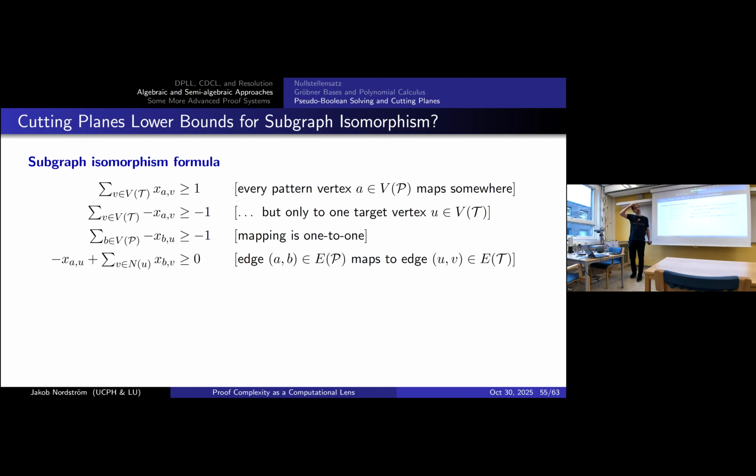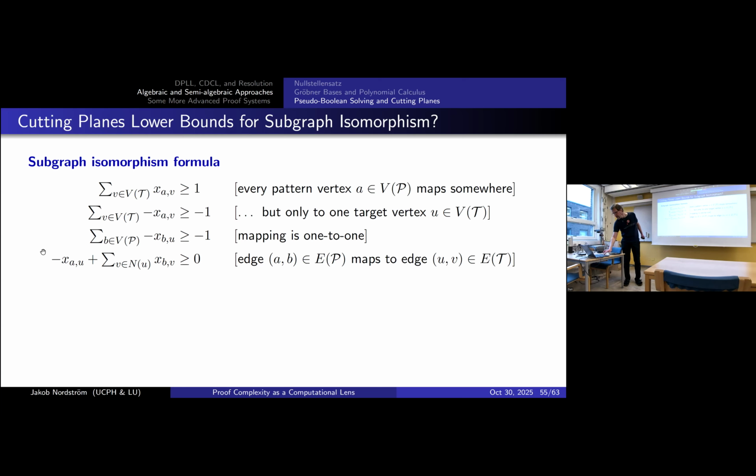Now we can write this also as a collection of 0-1 integer linear inequalities. Basically, here I say that every pattern vertex A has to map to a target vertex, but only one. And the mapping is 1-to-1, so no target vertex U can receive several pattern vertices B. And then the only constraint that is slightly non-obvious is that edges map to edges. So what does this constraint say? Well, it says that either A does not map to U, and then we're clearly off the hook because the rest is positive.